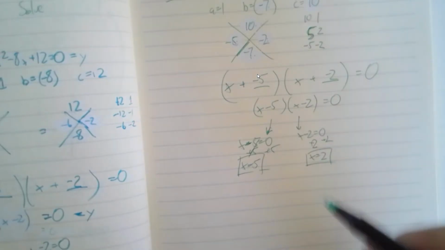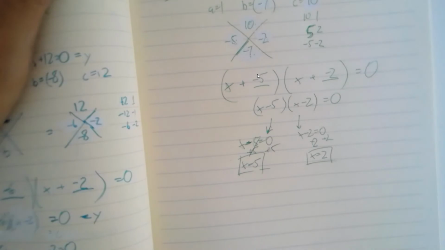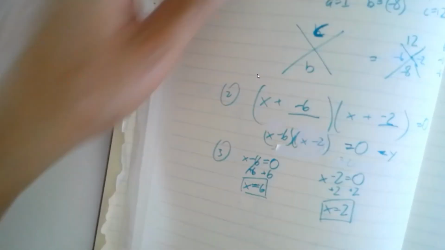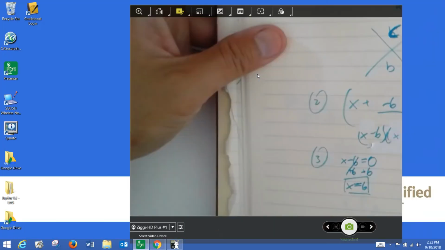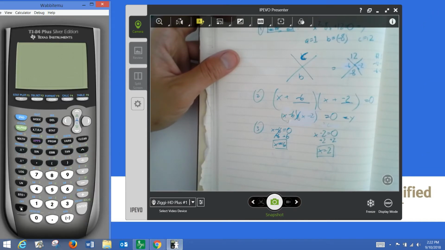But I know you're not happy with it. Let's figure out what just happened. Let's go back to our last problem and talk about what happened conceptually. So let's go back to the graph. Let's turn off this graph.